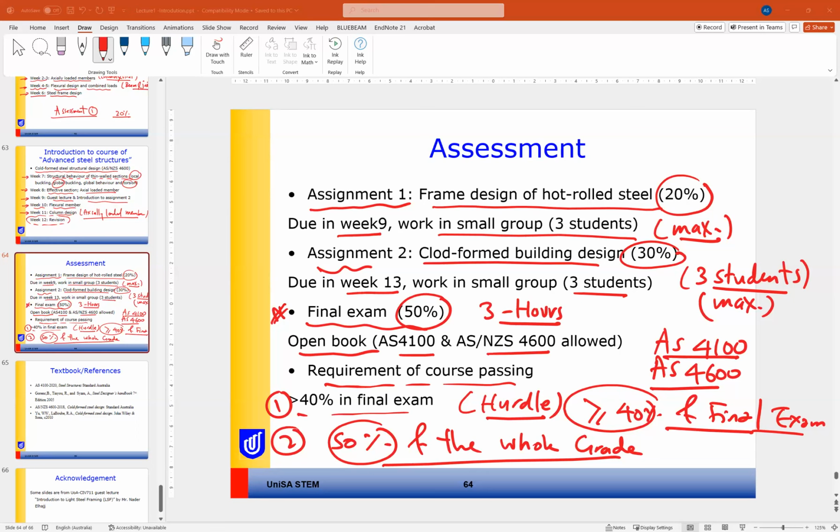Otherwise, if you missed forming the group, it will be maybe hard to find a group. So the best way is to come to the first class to join the groups and finalize the group from next week, week 2. And I will explain or introduce assessment 1 in the lecture next week or in the class, one of them.